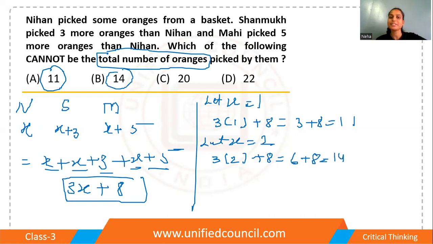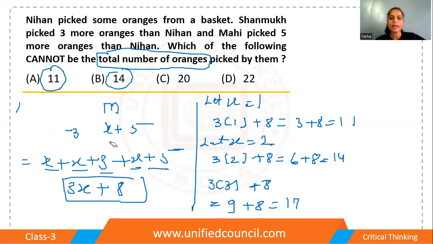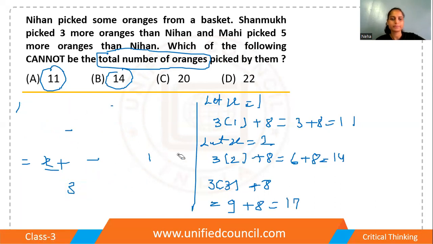Yes, this can be the answer. Let X be equal to 3. It becomes 3 into 3 plus 8. 3 times 3 is 9, and 9 plus 8 is 17. So 17 can be the answer, but 17 is not in the options. Now let me check with X equal to 4, and erasing this part.